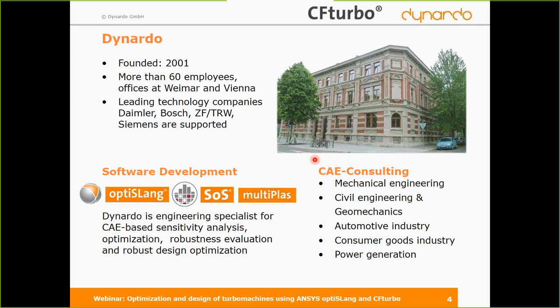Dynardo is split into two parts: CAE consulting, like mechanical engineering, or in the area of civil engineering, geomechanics, or automotive industry, but also software development. The second part, and today we'll focus on optiSLang, besides the other products SoS and Multiplas.